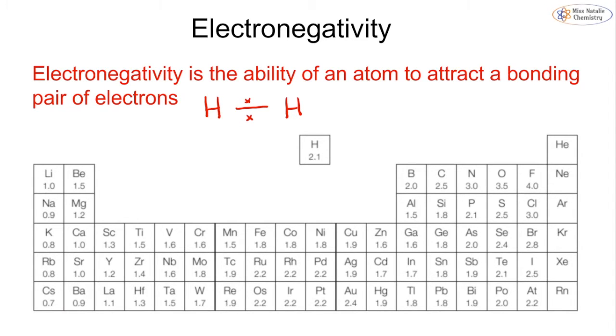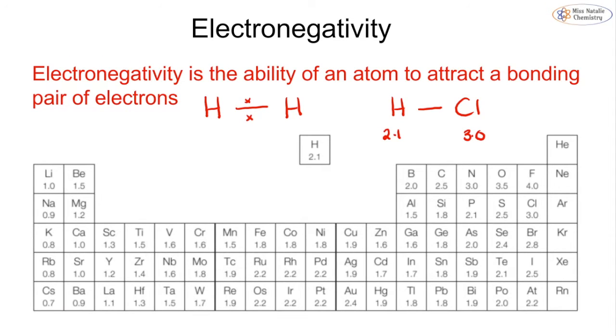Now if we were to take the hydrogen and bond it to something like chlorine, you can see that we have this value for electronegativity, and the higher the value, the more the atom will attract the electrons. So if we take chlorine, we're comparing a value of 2.1 to 3.